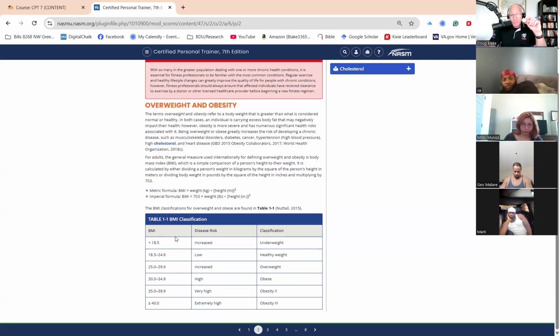You do not have to memorize the table. The most important ones you should memorize are these two, obesity and overweight, and they're connected to each other, right? After you've memorized those, it'll be a lot easier to know the answer on an exam question, these two and the lower ones.